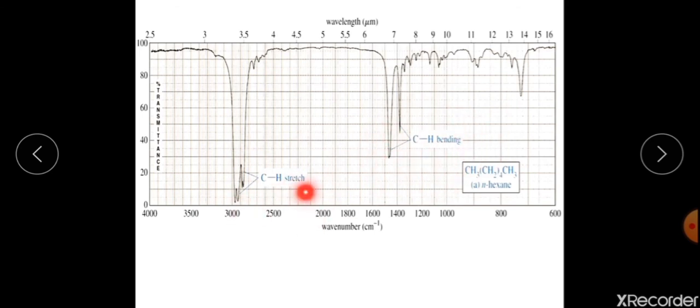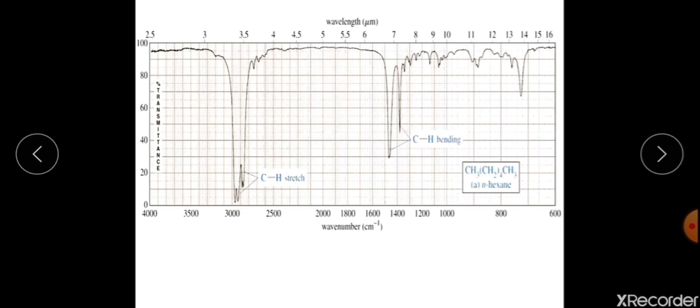So in case of alkane we will have this carbon hydrogen stretching and carbon hydrogen bending at higher intensity, and in case of alkenes we will have carbon double bond carbon stretching vibration along with this bending vibration, and this carbon multiple bond carbon will appear here.